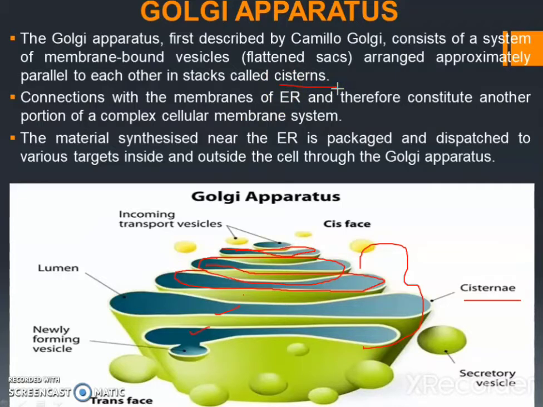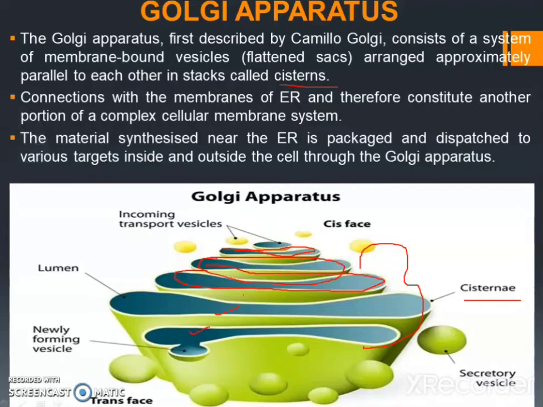Okay, now along with this, the main work of this Golgi apparatus is to collect materials from the endoplasmic reticulum. So what happens? The Golgi apparatus membrane will often have connections with the membranes of the endoplasmic reticulum.